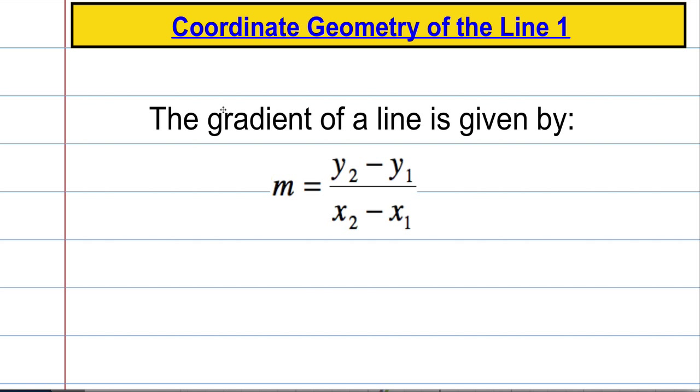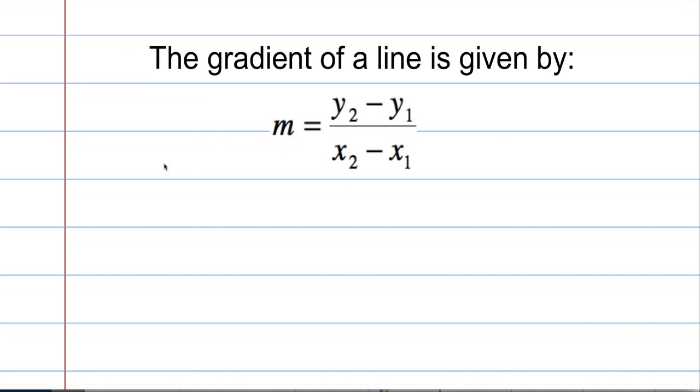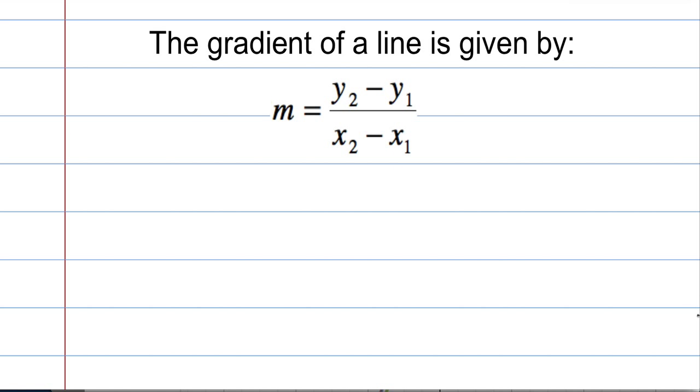Another important fact. The gradient of a line is given by m equals y2 minus y1 over x2 minus x1. So I'll briefly demonstrate this idea here. If I just sketch an axis very quickly, and suppose we have some line like so.